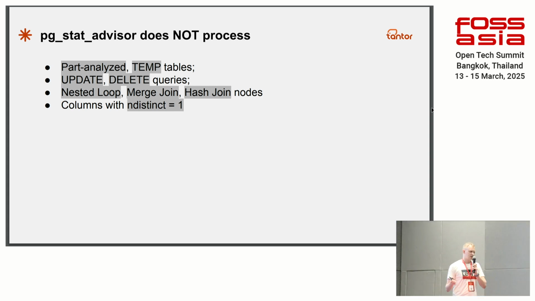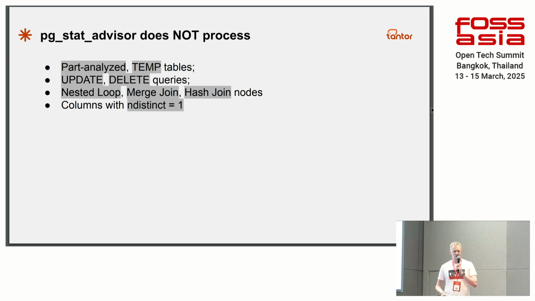The third restriction is in some nodes. First of all is join, because in order to run join commands, you have to have two tables, and as you know, extended statistics can be applied only to one table. You cannot create extended statistics for one column from one table and one column from the second table.